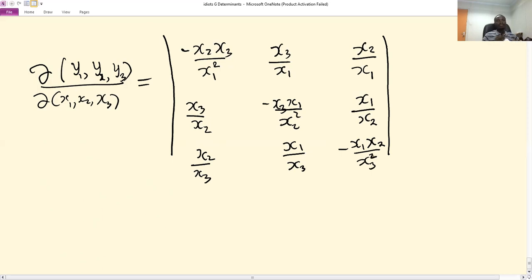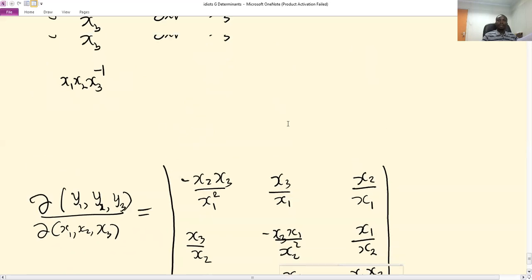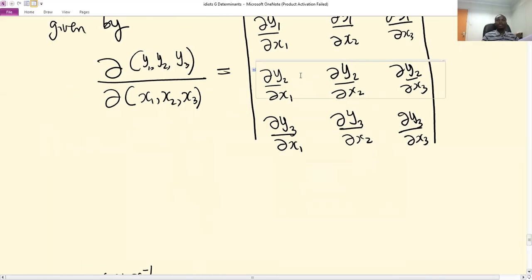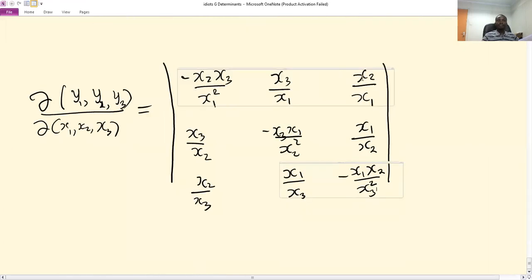Just replacing the values we have found in this process into the definition of the Jacobian. So here, if you don't know how to manipulate determinants, you'll get stuck. But this is how we are going to solve this.